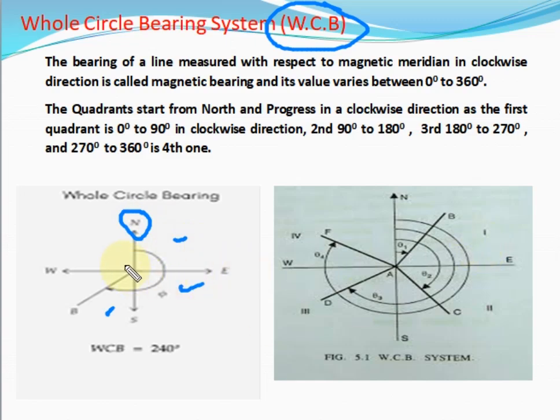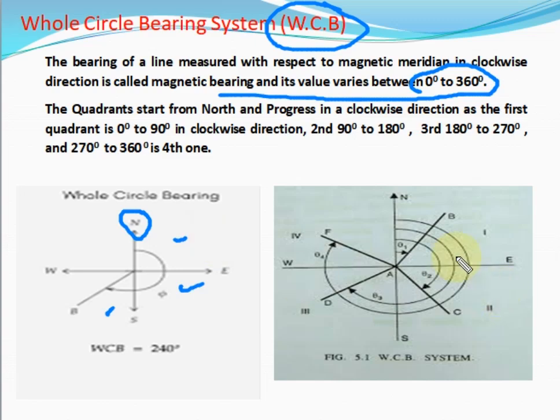Whether the line is in the first, second, third or fourth quadrant, the bearing value is between 0 and 360 degrees. So the whole circle bearing is the angle measured from north to the survey line in clockwise direction.